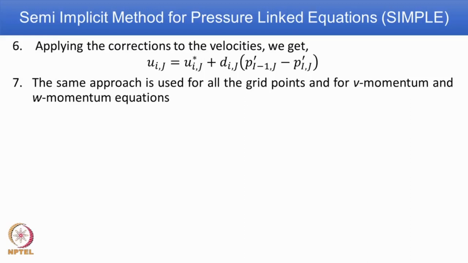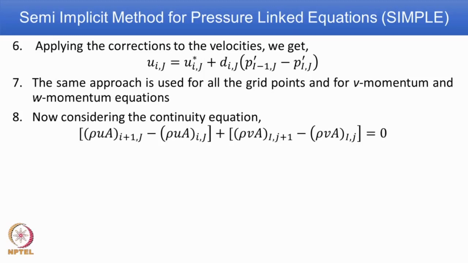So, we get expressions for all corrected velocities, and we use that in the discretized continuity equation. What is shown here is the continuity equation for 2D in discretized form with the corrected velocity incorporated, and you get finally this expression.